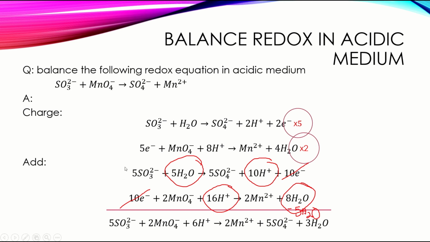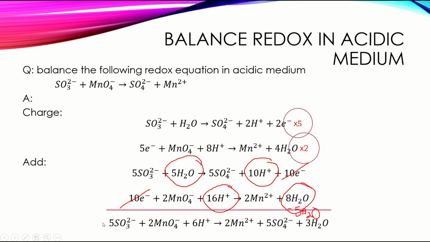We are going to combine both the oxidation and reduction equations. So combine on the left side first. Here we have 5SO3 2 minus plus 2MnO4 minus plus, we have remaining 6 hydrogen ions, so plus 6H plus produce, and then the compounds on the right side. We have 2Mn2 plus plus 5SO4 2 minus plus 3H2O.